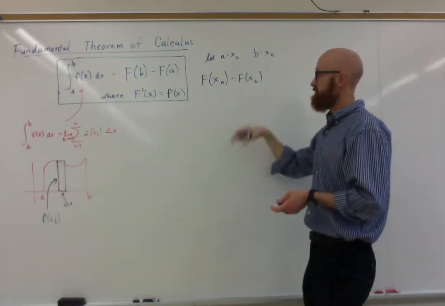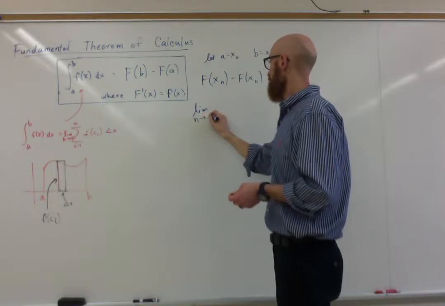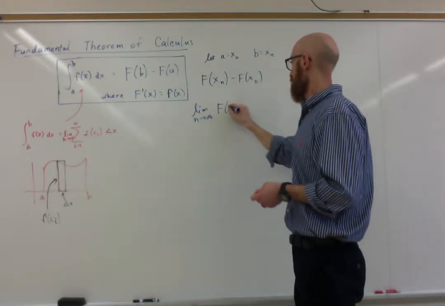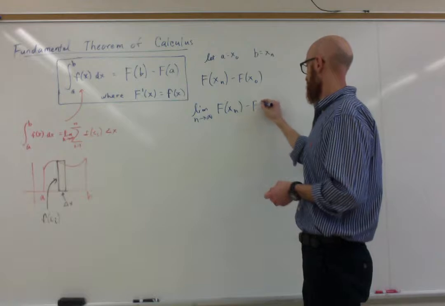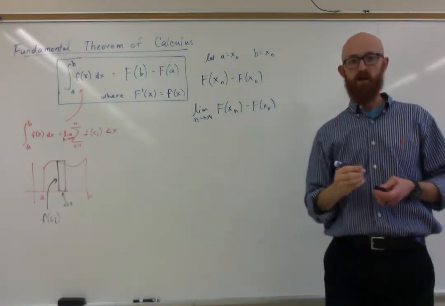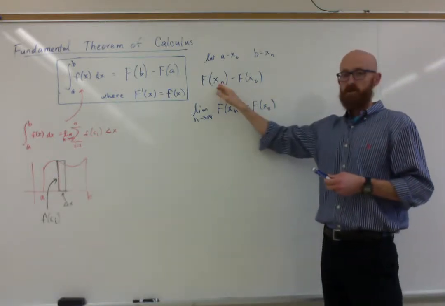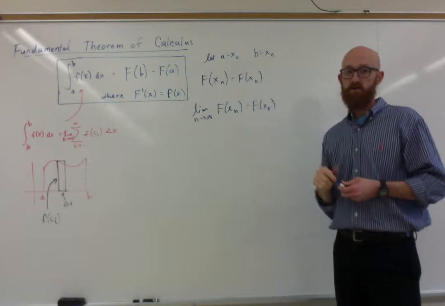Now, it doesn't matter how many rectangles we have, well, it matters to the accuracy, but this limit doesn't change the expression we have above. In other words, this is still the rightmost value, this is still the leftmost value.